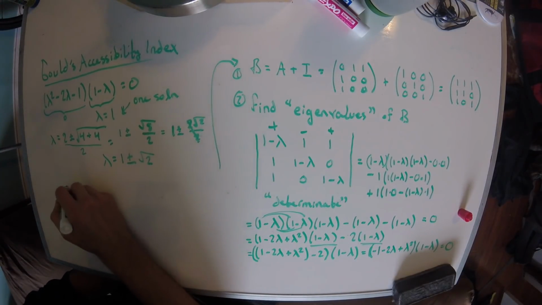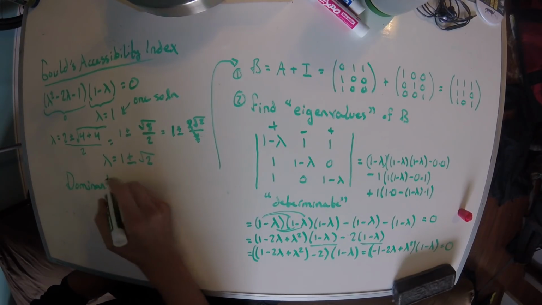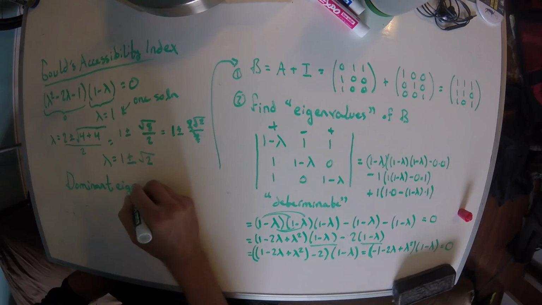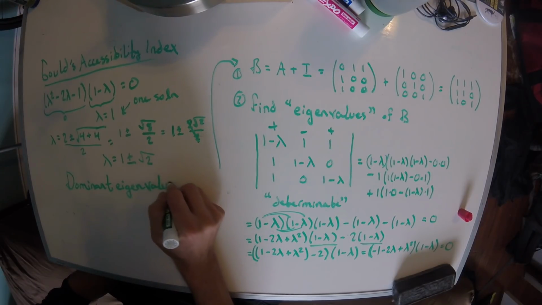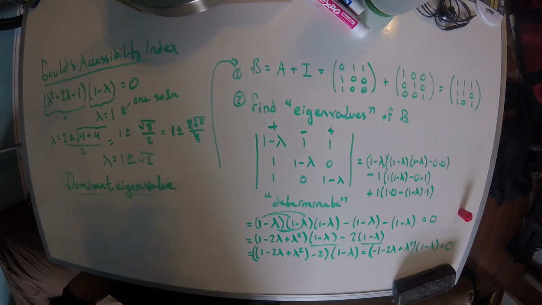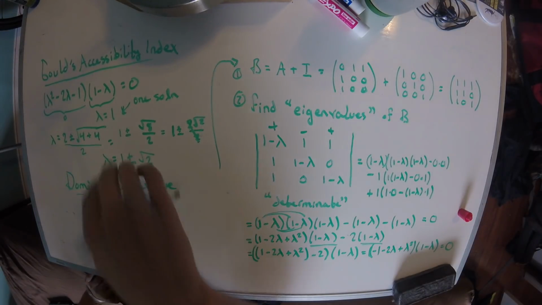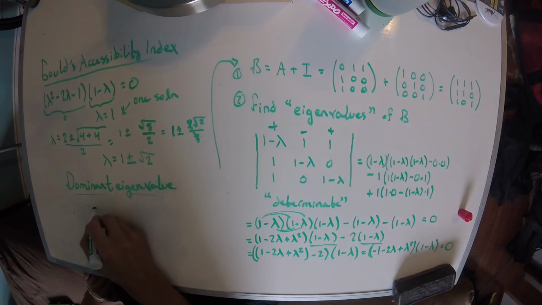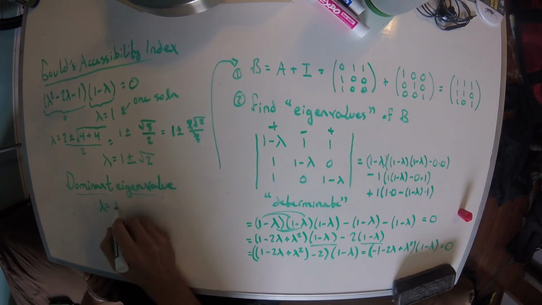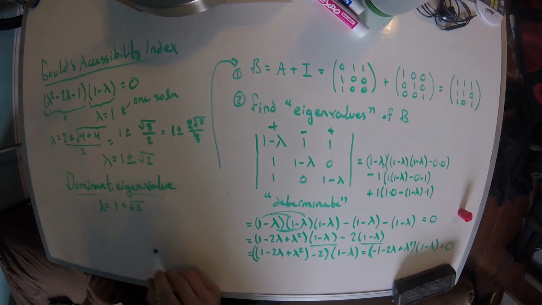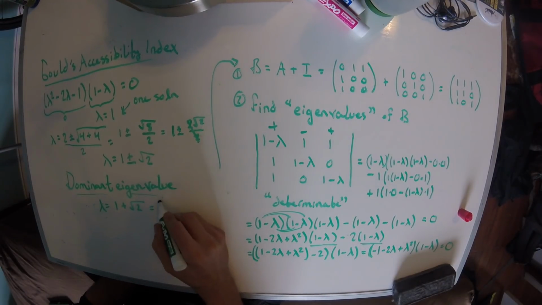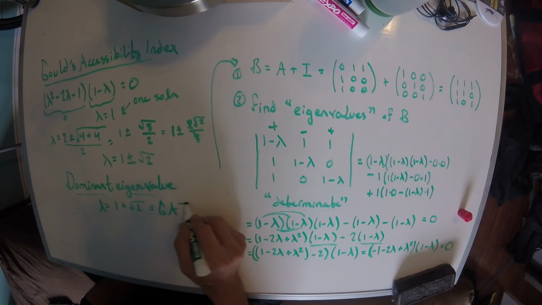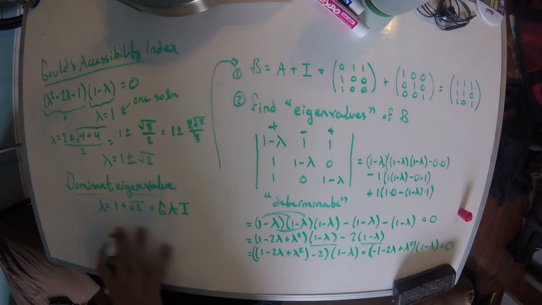And so our dominant eigenvalue is the largest of the three, which is 1 plus square root of 2, and so this is equal to our GAI, or our Gould's accessibility index.